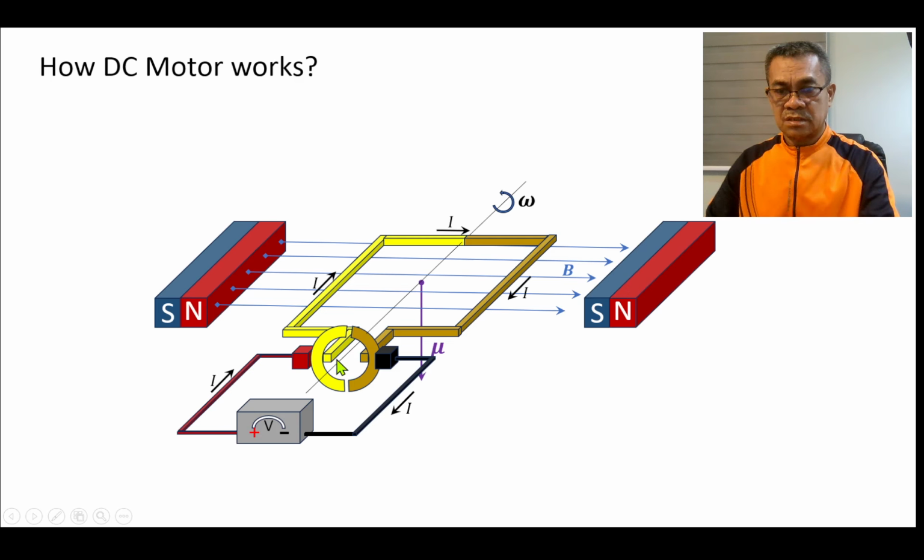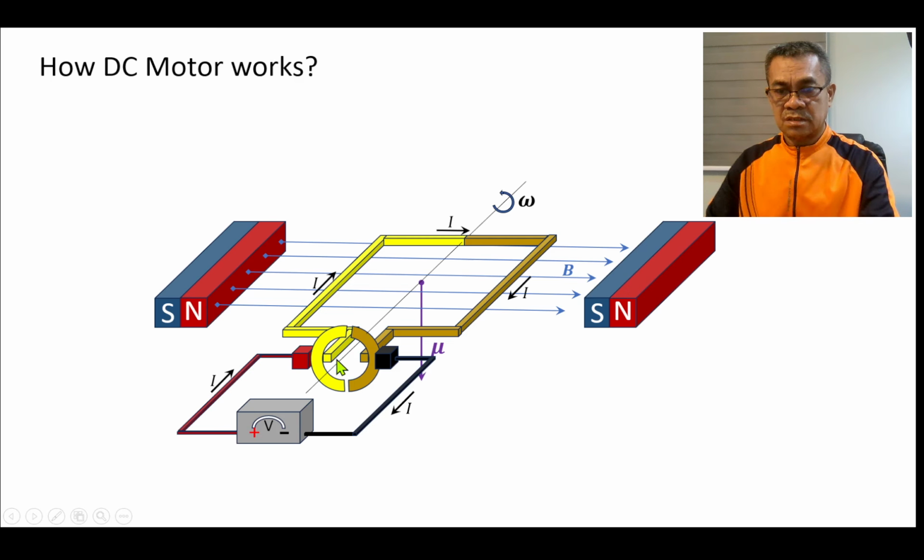Take note that this is parallel, so whatever voltage is here is the same as that. The same voltage also occurs in the armature. If you have voltage, then you can calculate the current that flows through it, provided we have the resistance of the loop.